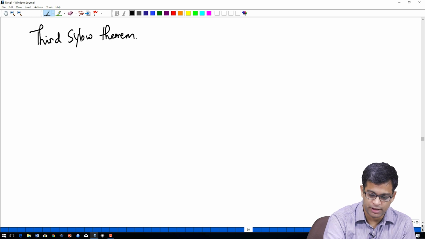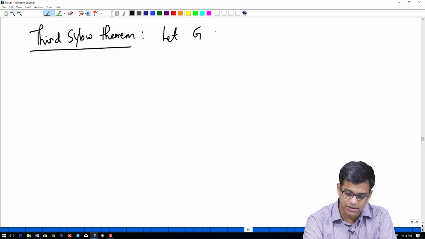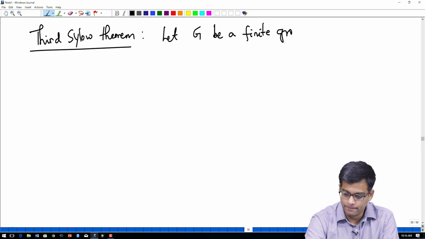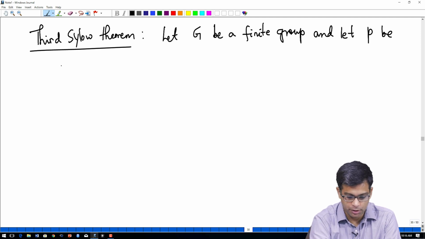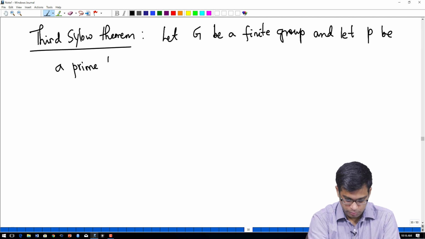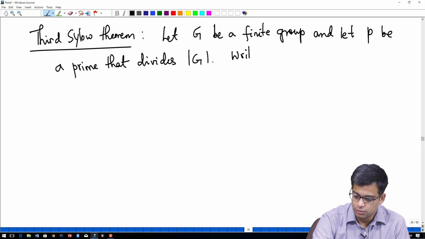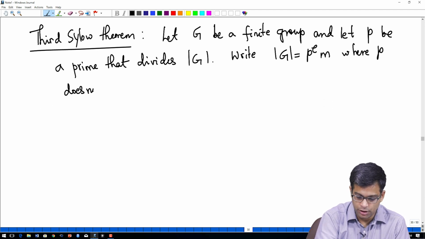So, let us prove this. Let us first state this. Let G be a finite group. The setup is as in the first two Sylow theorems. So, let G be a finite group and let P be a prime that divides the order of G. So, we write the order of G as P power E times m, where P does not divide m.